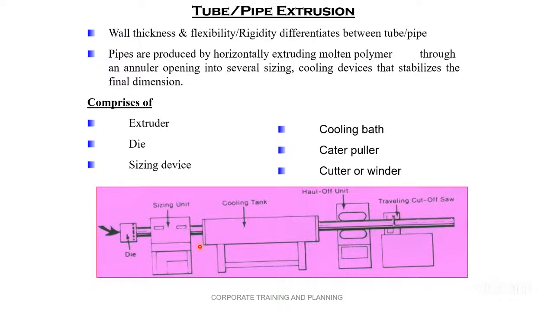Yes, sir. Friend, around 100 to 200 mm, 100 mm gap we are keeping. Generally, depending upon the pipe size and nature of the material, this gap between the sizing sleeve and the die, we are always putting 2 to 8 inch generally.